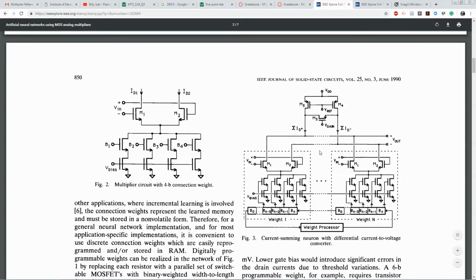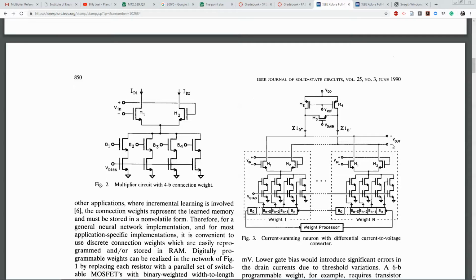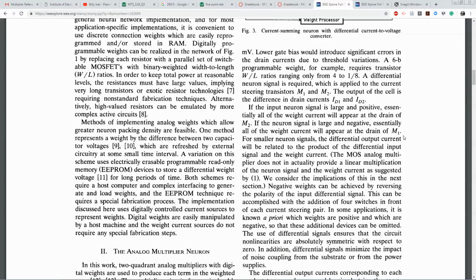Doing it this way, where you can have a differential signal here and a differential signal here, and then you're turning on the weights, and you can get a V out, right? Which is basically, is it on, is it off?